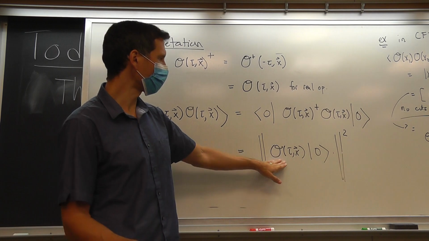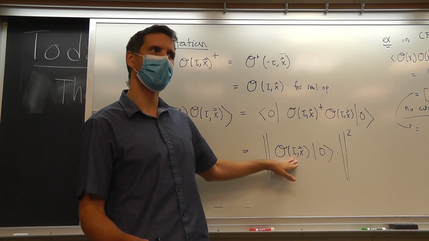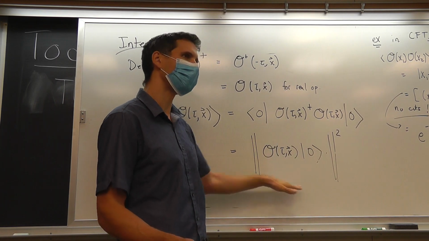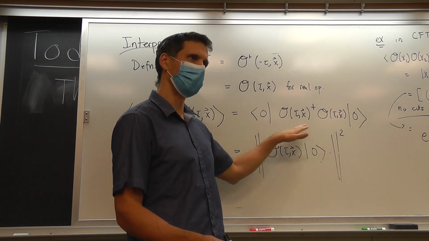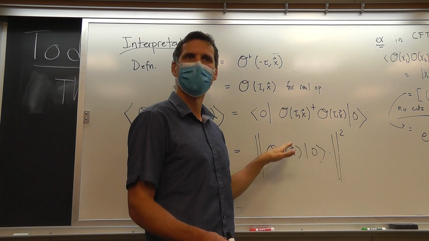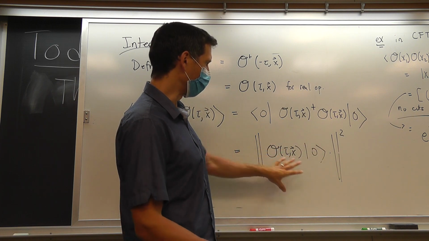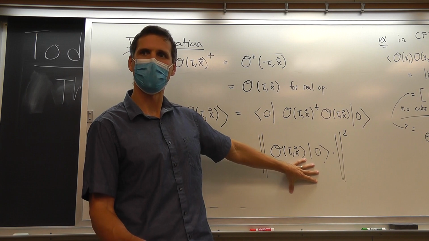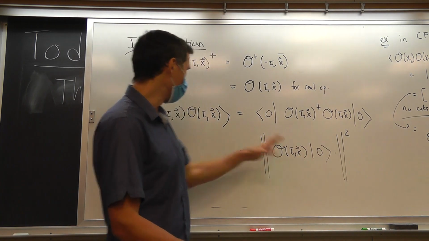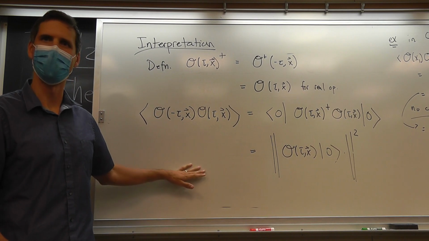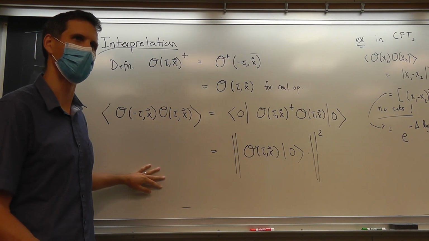Norms, not only of a single operator acting on vacuum, are positive, but if we put any linear combination of operators here, it would be positive. The full statement is what you would get by putting an arbitrary linear combination here, squaring it, and then rewriting it as a correlation function. I'll leave it up to you to actually write it down. I'm not going to write the formula.